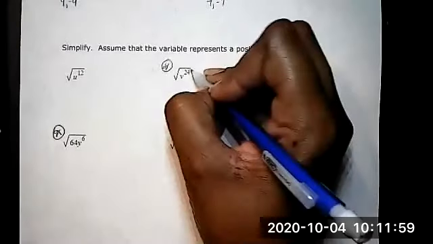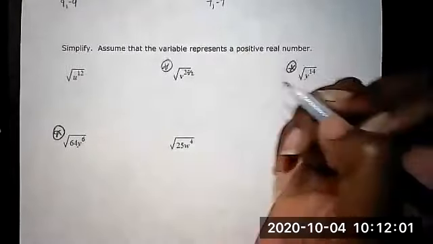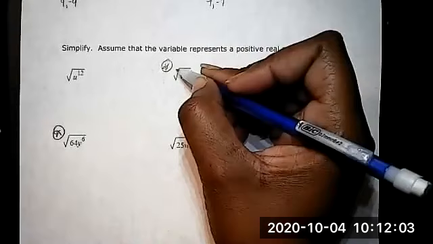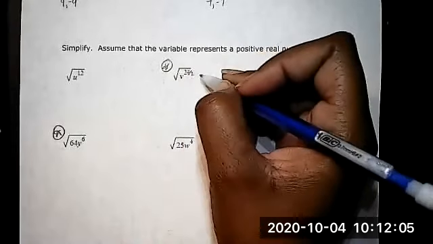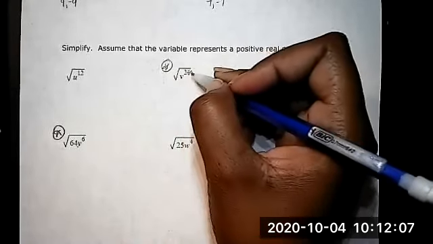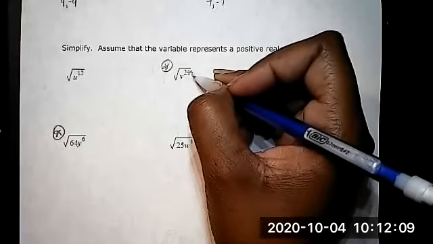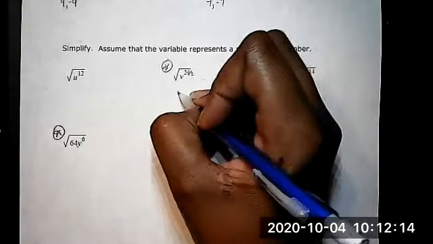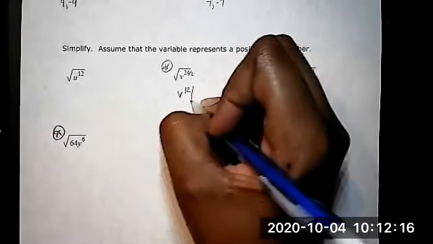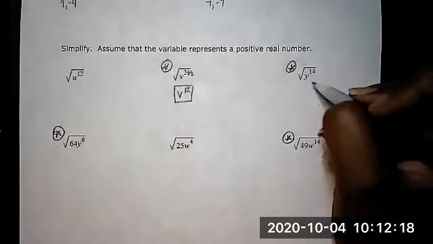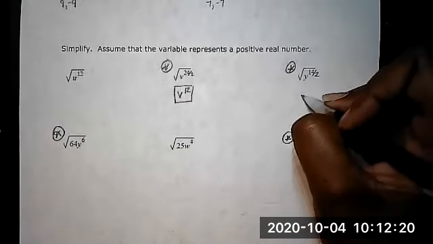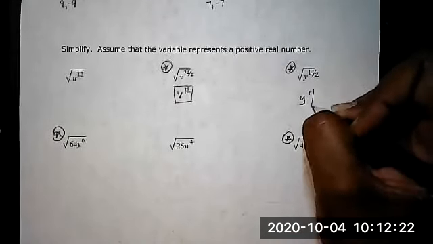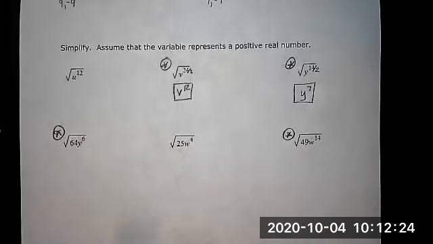What you do is basically for exponents is just divide, because you have a square root. If they had like a little 4 out here, you divide by 4. If it would have 3 out here, you divide by 3. But in this case, it's square root. So 24 divided by 2. This is only for exponents. 24 divided by 2 is 12. So this becomes b to the 12th power when it comes outside of the square root. Same thing here, I divide by 2, y to the 7th power would be my answer there.